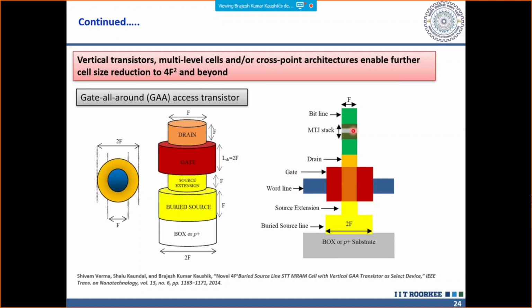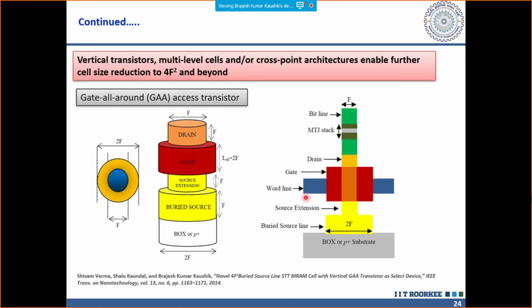Now, this MTJ stack is really very small in comparison to transistor still. So this small size of the transistor, although considered to be small in comparison to your planar, still occupies a larger area than what you would have expected using your planar transistor.